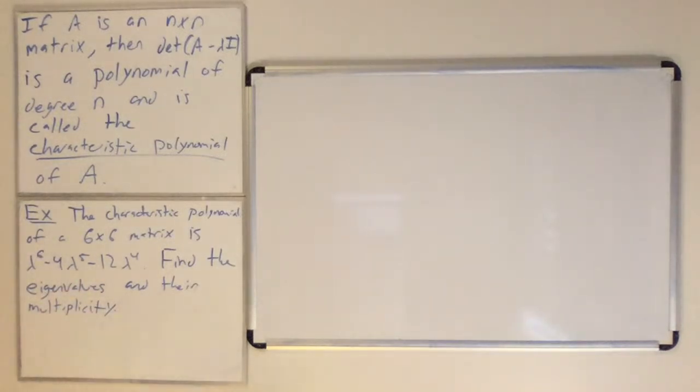Okay, so I'll give you about a minute to think about this, but does somebody want to say in the chat if they have an idea of how they're going to find the eigenvalues from the characteristic polynomial?